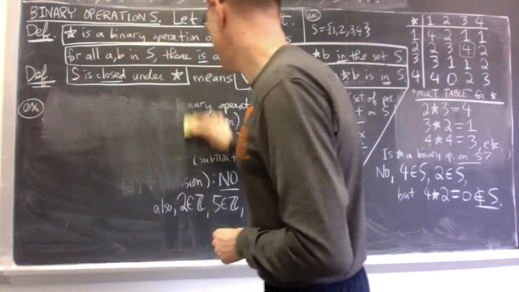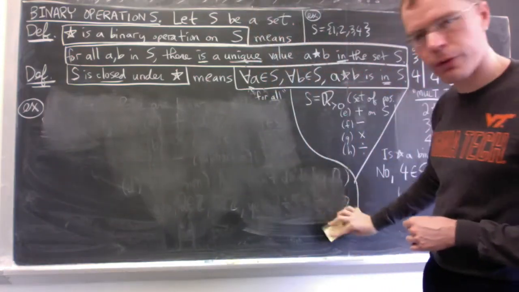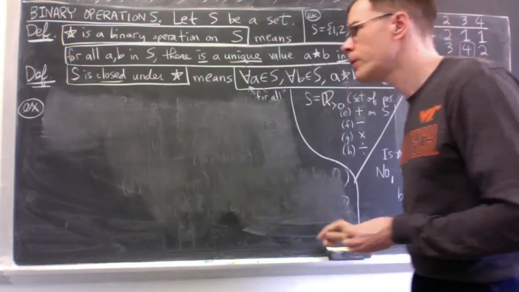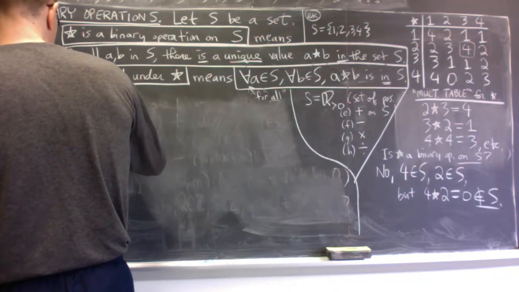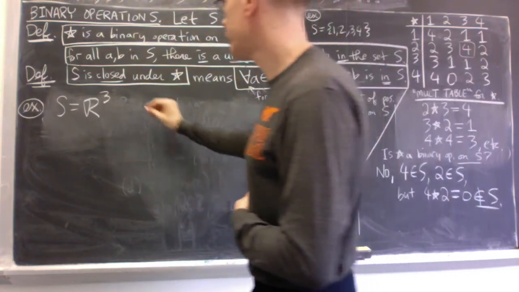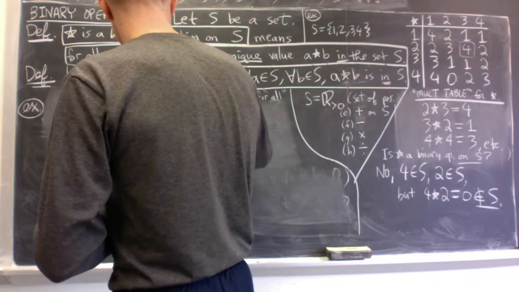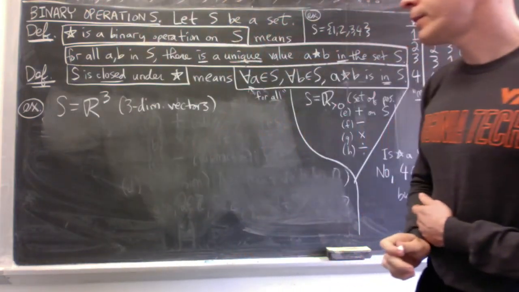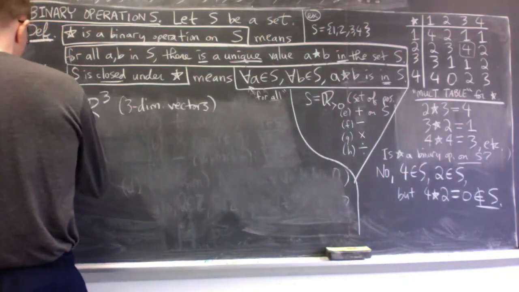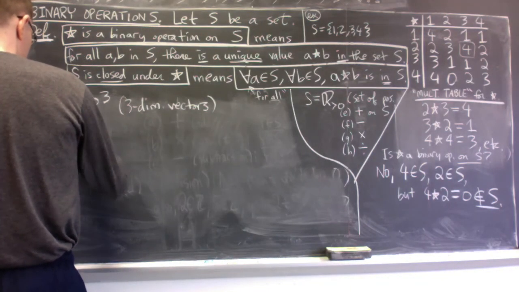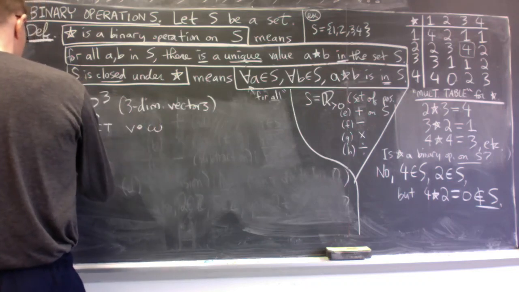All right, just a couple more examples to emphasize that point a little bit more, from something you've done before, the vector calculus. Maybe the set is R cubed, the set of 3-dimensional vectors with real entries. And you've all done the dot product and the cross product back in calculus.